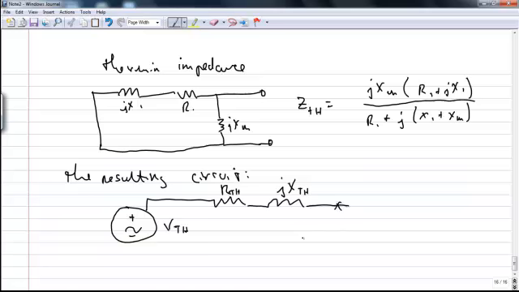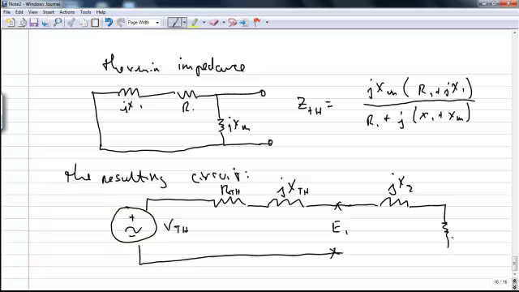This is where we were measuring E1, and then we have the right-hand side of the circuit, which is the inductor with JX2 and the resistor R2 over S.